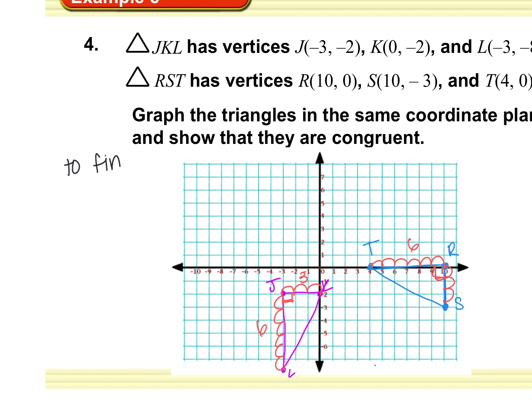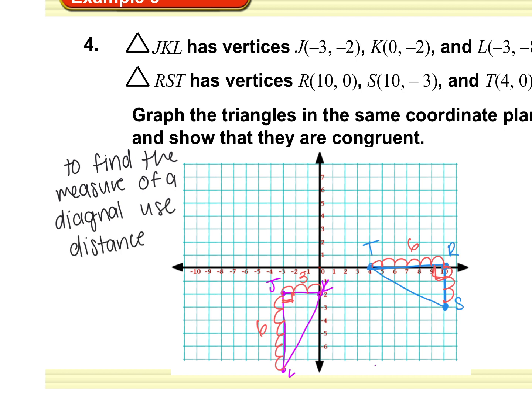So to find the measure of a diagonal, use the distance formula. Okay, just writing that out if you forgot.